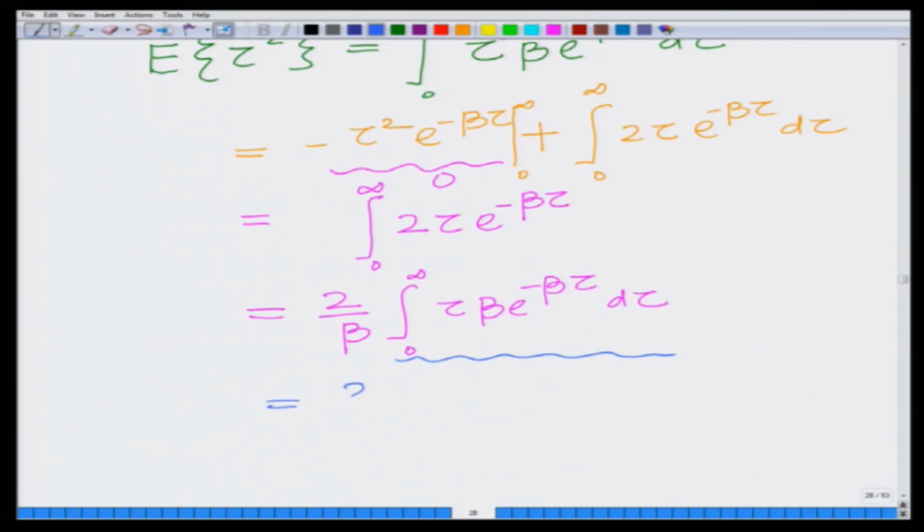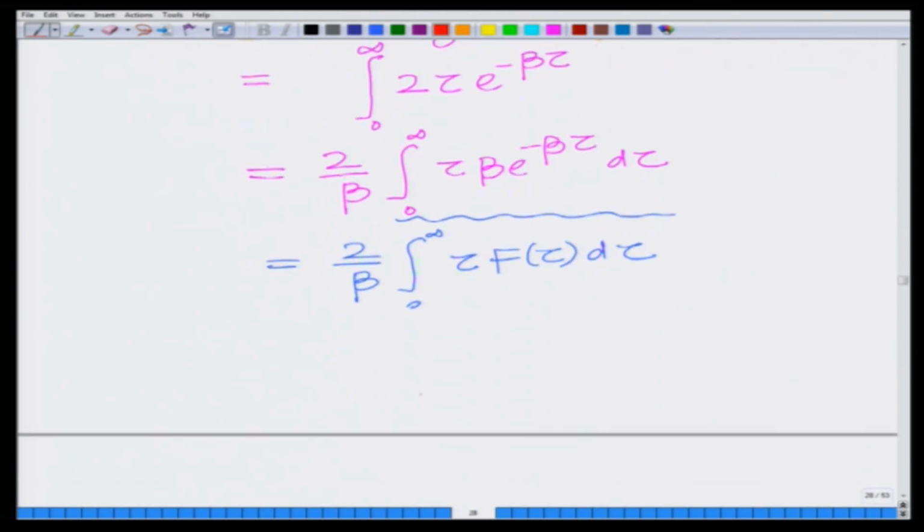So, this is basically 2 over beta times the integral from 0 to infinity of tau f of tau d tau, because f of tau is beta e to the power of minus beta tau, and this integral is nothing but the mean, which is mu equals 1 over beta.